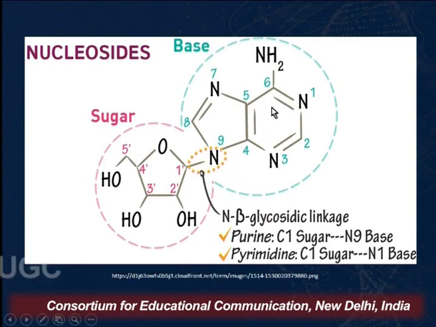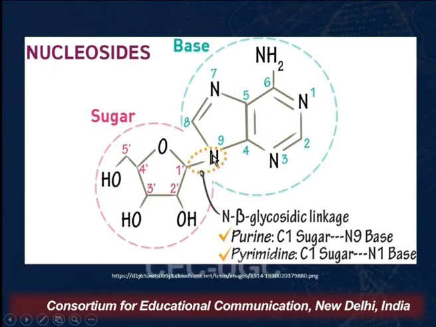The linkage is taking place at N9, that is, hydrogen will be removed from here and OH will be removed from 1 prime of the ribose sugar. OH and H will be eliminated and a bond will be formed here.